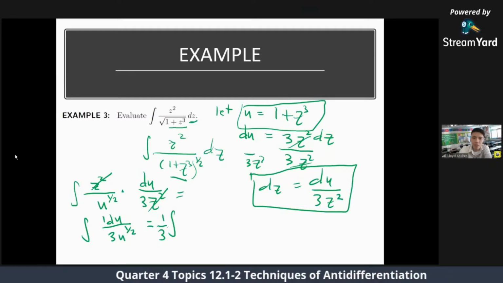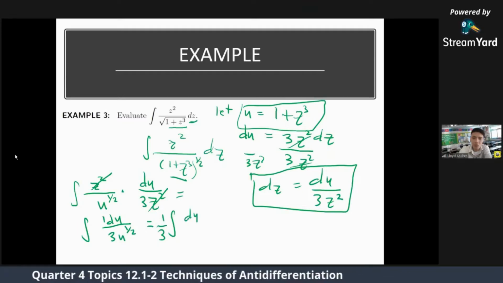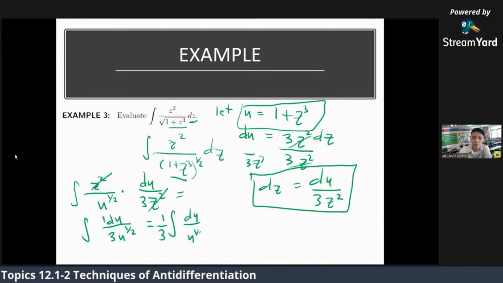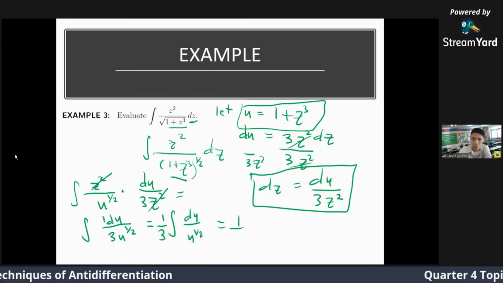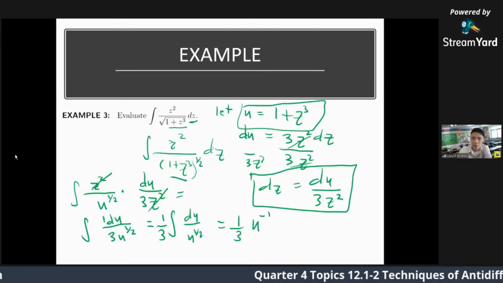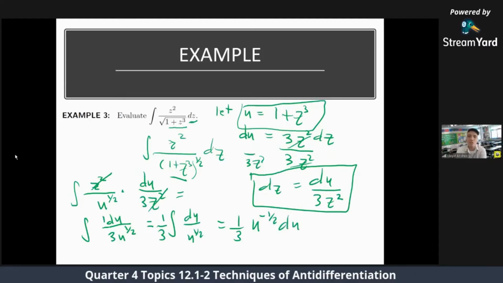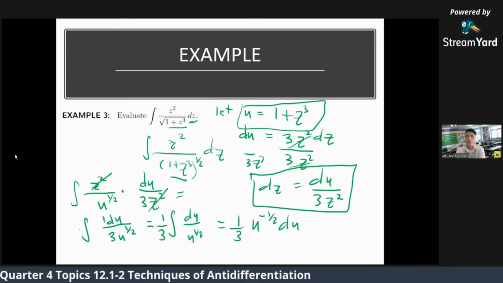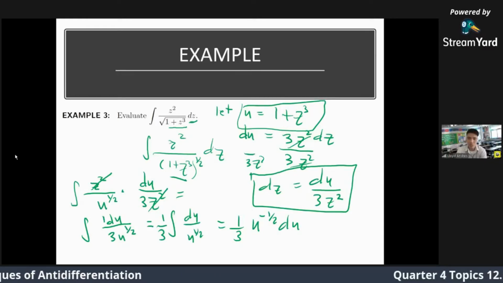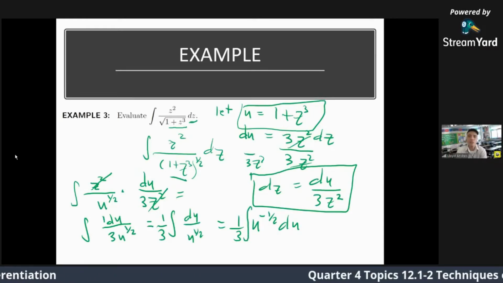So ang mabilin, that's du over u raised to 1/2. Then pwede ra pud na siya himuog 1/3 u raised to negative 1/2 du, kay para ma-apply na si power rule sa integration. Okay, so na-simplify na nato by substitution.